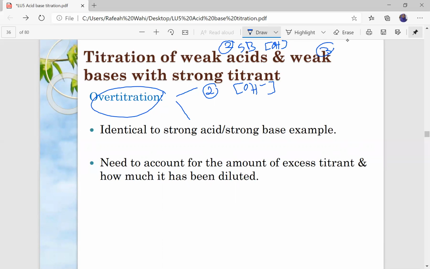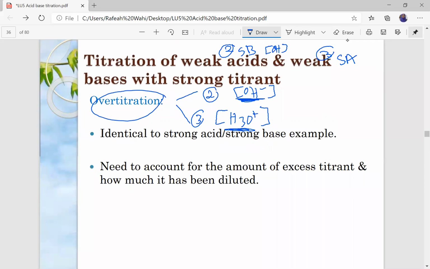But if you start with a weak base, or case number 3, you will have to calculate the excess of hydronium ion for over titration. Why? Because in case number 2, you are titrating with a strong base, and in case number 3, you are titrating with a strong acid. So you add more acid, you get more hydronium ion. You add more base, you get more hydroxide ion.